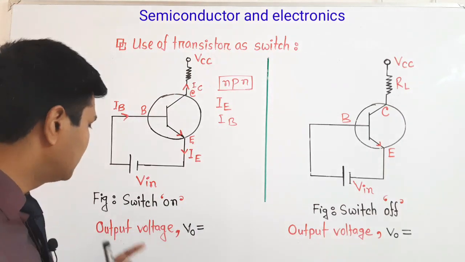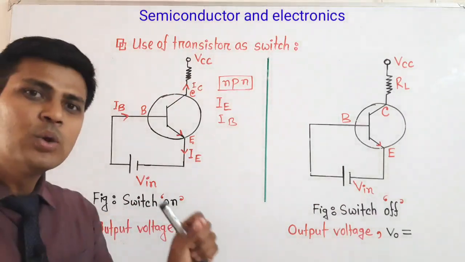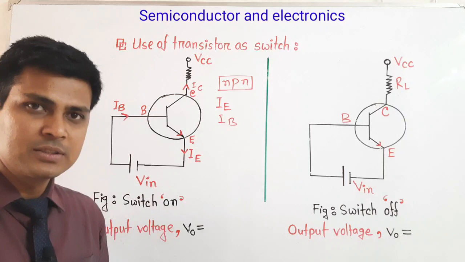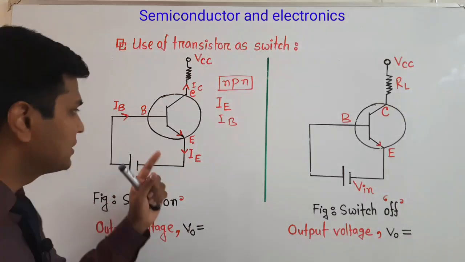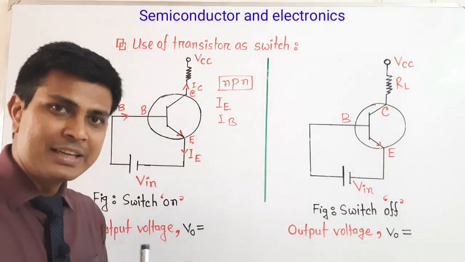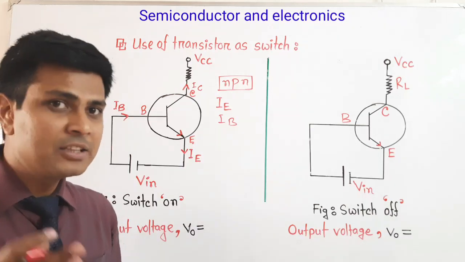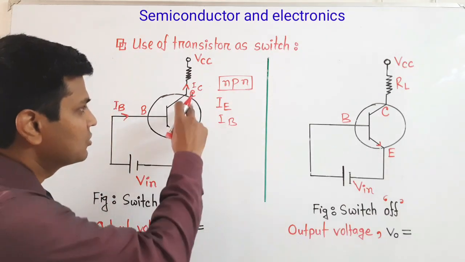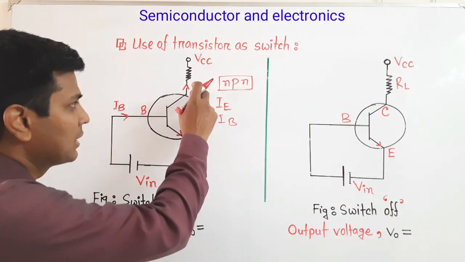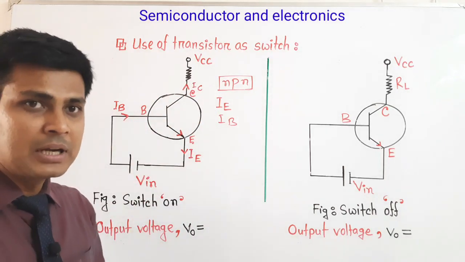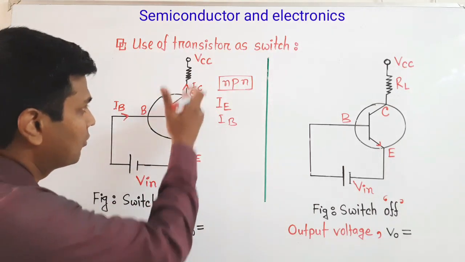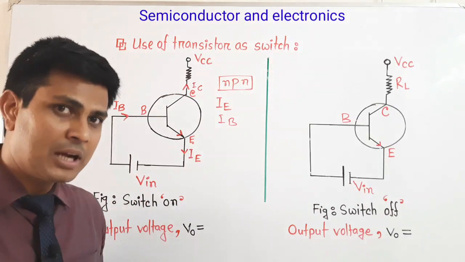Now in case of the switch on condition, you have to apply the positive voltage, and that is why this NP junction is kept in the forward bias. In case of the forward bias, there is no resistance between the collector and emitter, so the current will flow from the collector and we will get collector current.